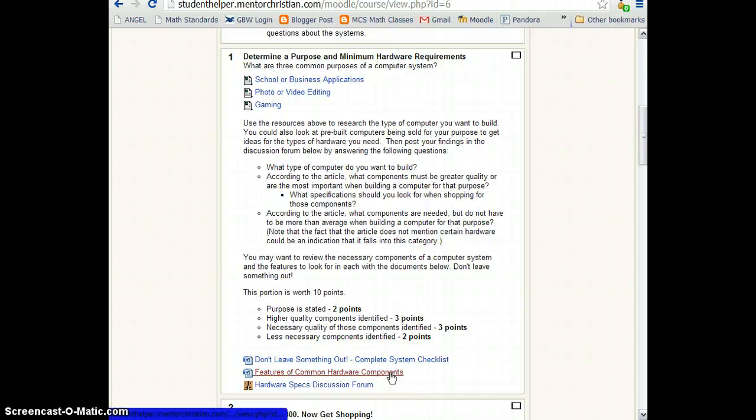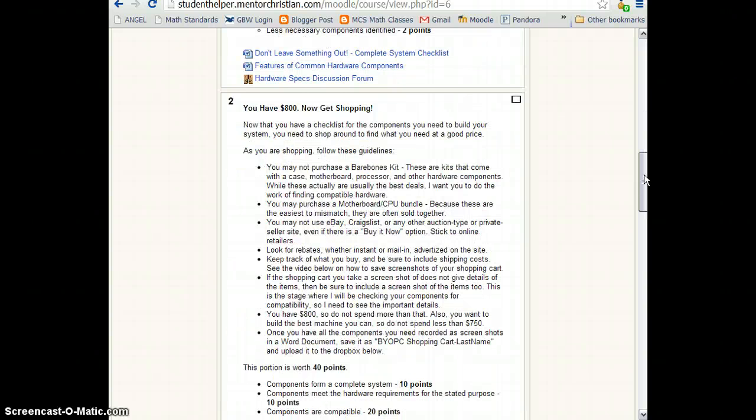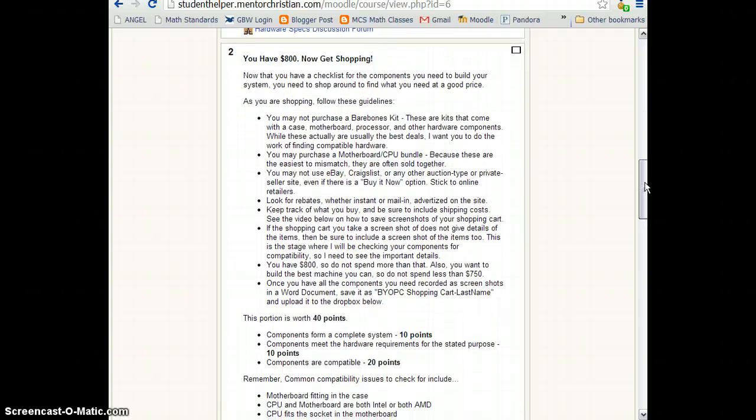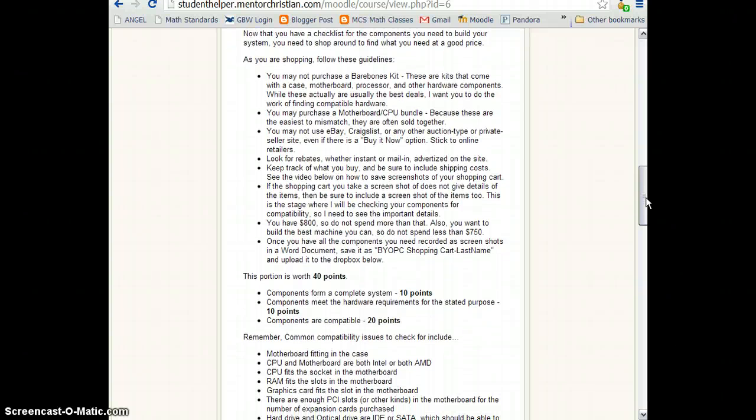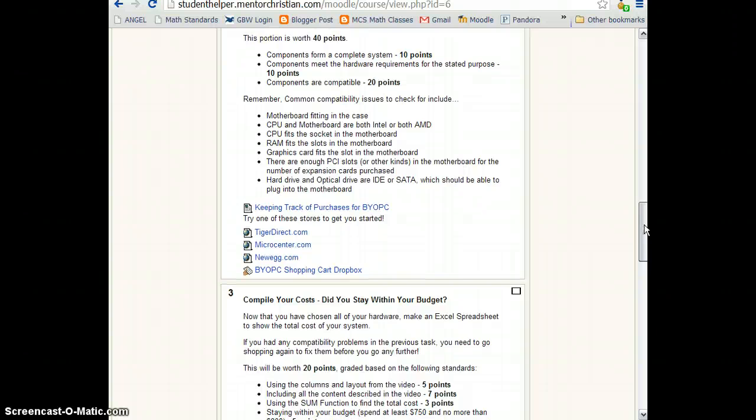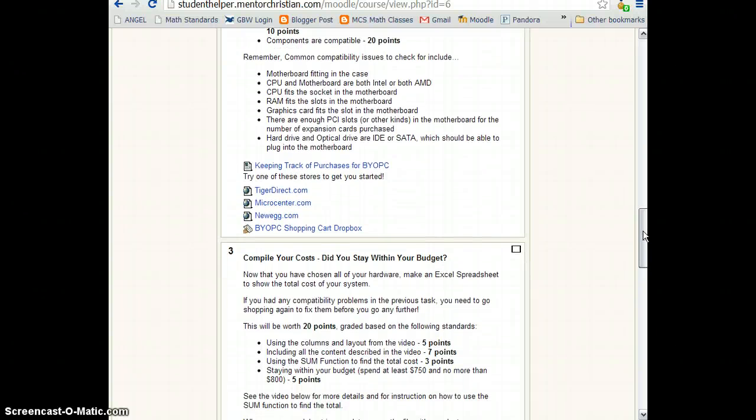And then these are actually notes from the previous section we did on a general overview of hardware components, where we did outline some different compatibility issues and whatnot. So I gave them an $800 budget. They had to go shopping on Tiger Direct or microcenter.com or Newegg or any other online retailer.